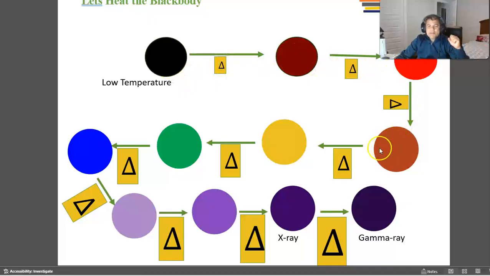More heat, this color. More heat, yellow. More heat, green. More heat, blue. More heat, this light purple, then violet. And then this is the X-ray. If you give high heat to the black body, it will give you X-ray, gamma ray. So all kinds of spectrum a black body can give at a particular temperature.